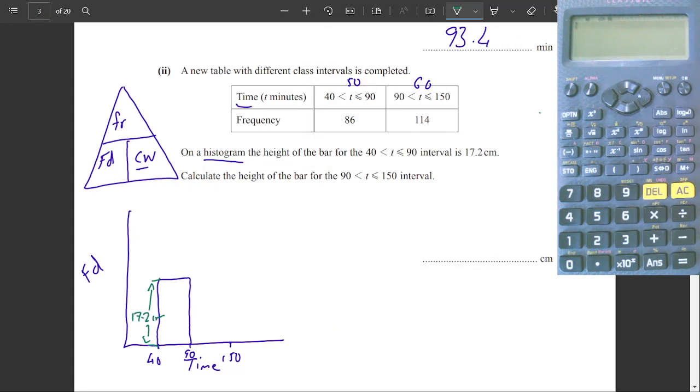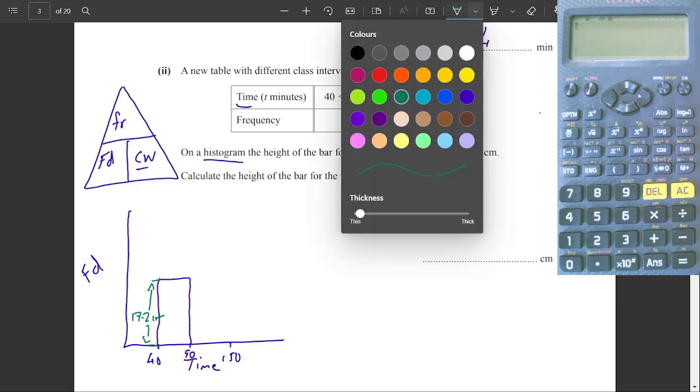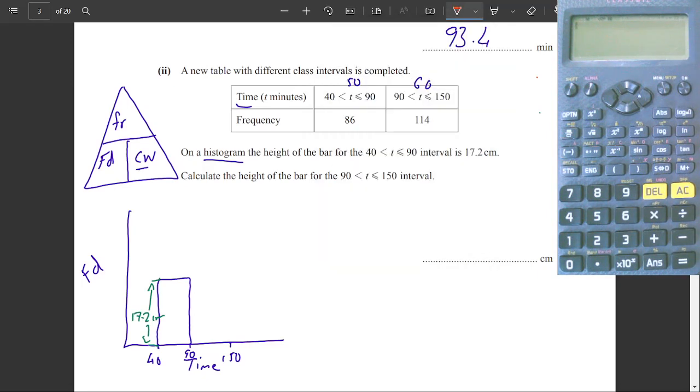Okay, but what do we have in this bar? Well, we got the class width from 40 to 90 is 50, and we got the frequency 86. So we can use that to work out the frequency density.